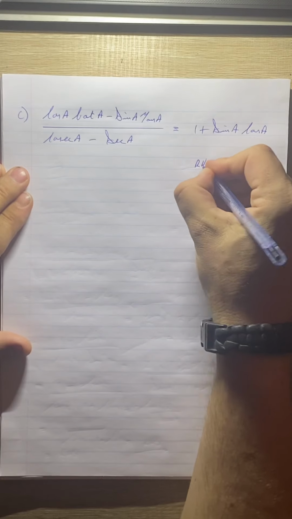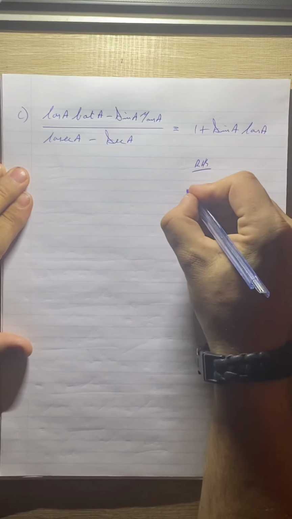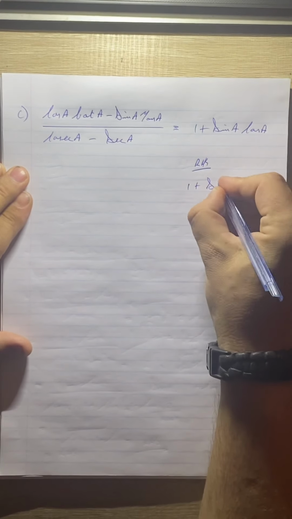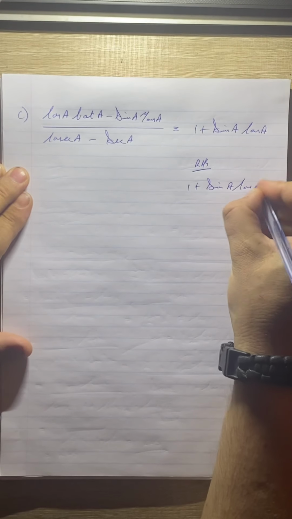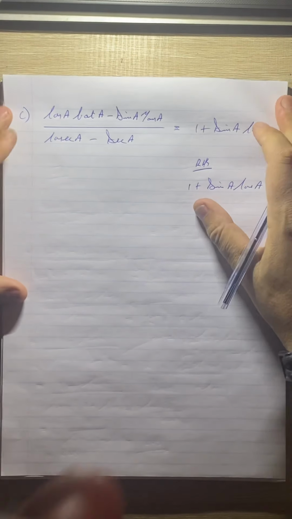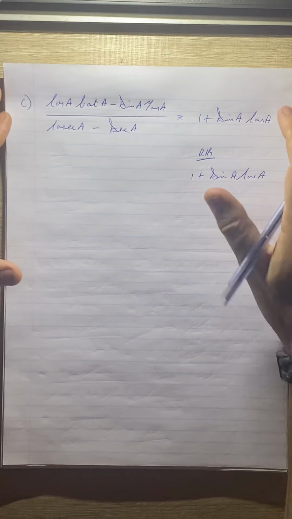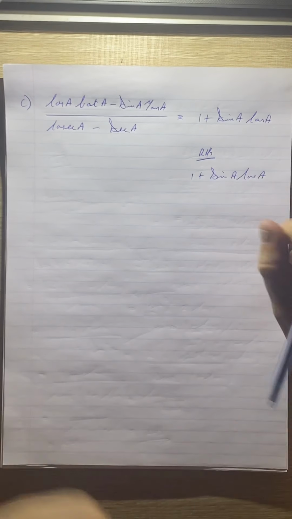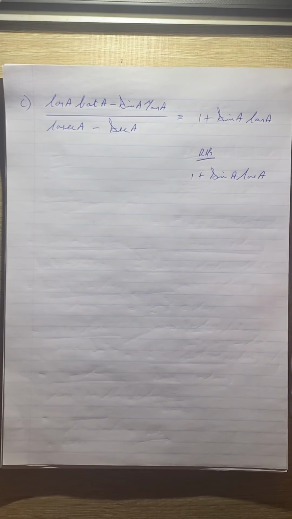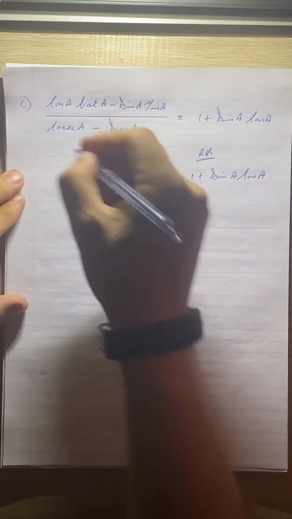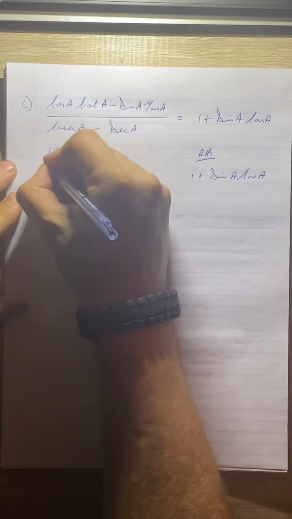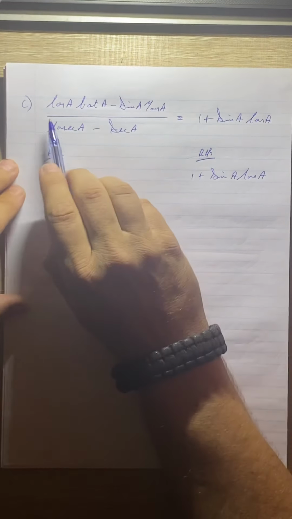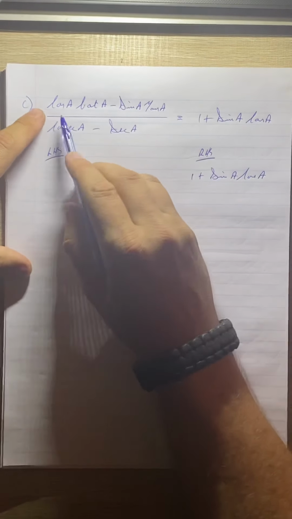So on the right hand side of this thing, we've got this 1 plus sin A cos A. Now remember what I said, you need to change everything to sine and cos. Now that's already in terms of sine and cos, so there's nothing we can really do with that right hand side. The only thing I can really work with here is the left hand side. Okay, so I'm going to change everything to sine and cos.